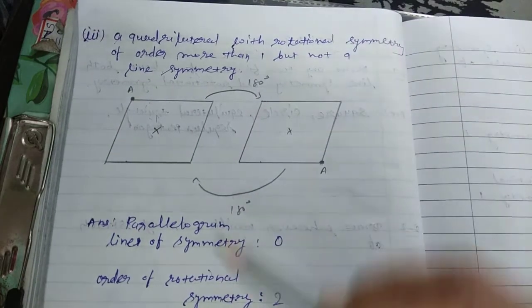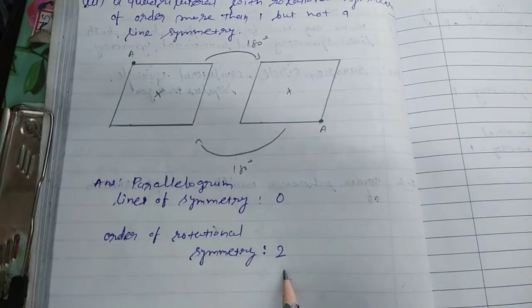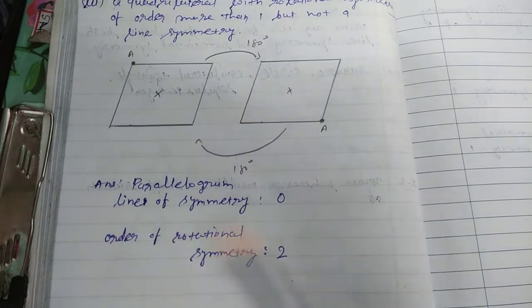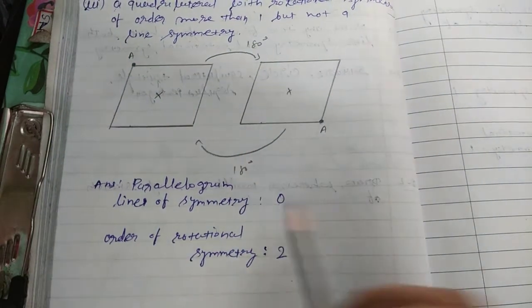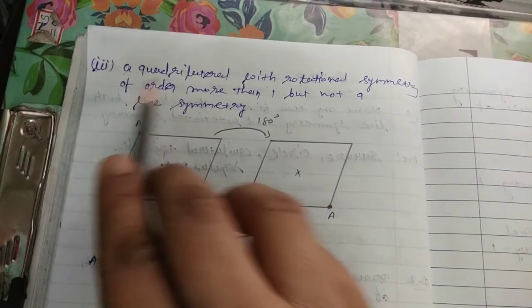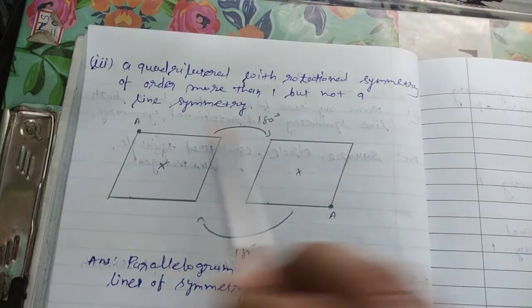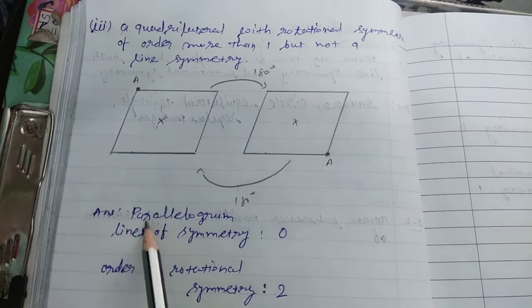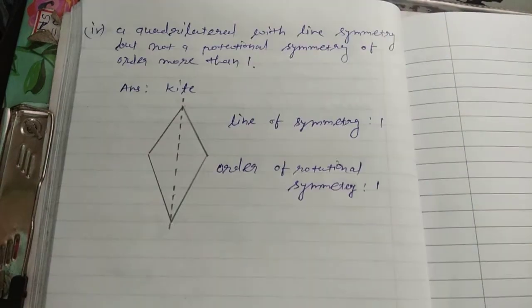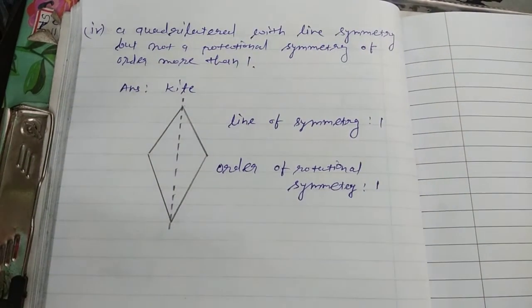And the line of symmetry, as we have already discussed, is 0. The question was a quadrilateral with rotational symmetry of order more than 1 but not a line symmetry. So the answer is the parallelogram.